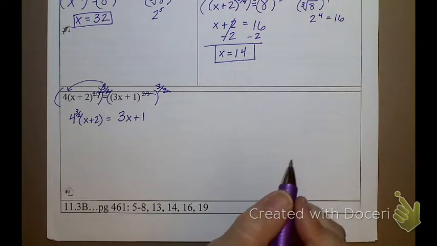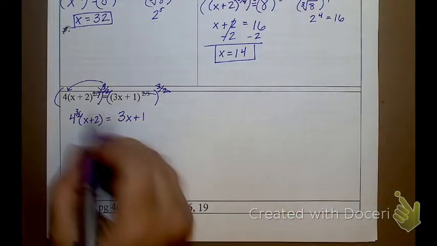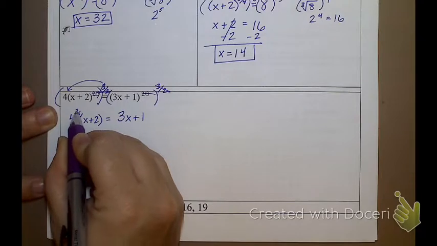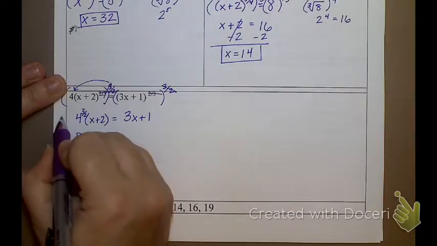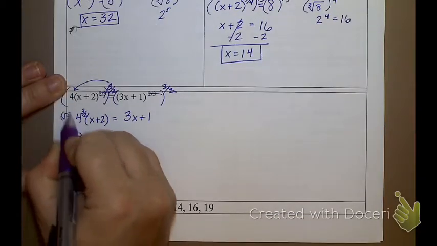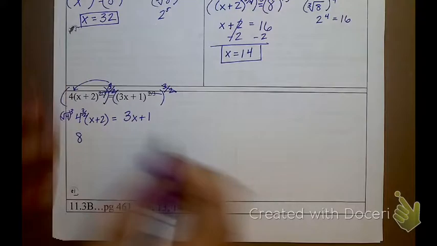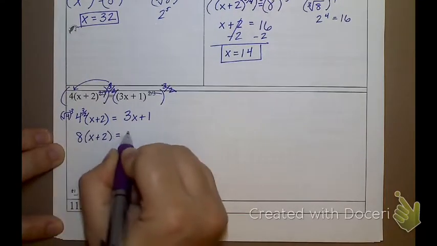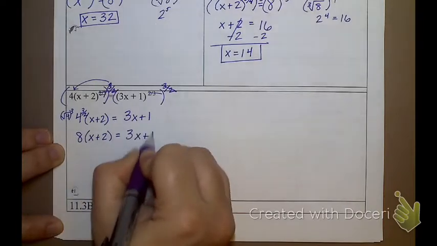Okay? What is 4 to the 3/2 power? 8. You guys are getting good at this. That's the square root of 4, which is 2, to the 3rd power, right? That's where the 8 comes from. And then x plus 2 equals 3x plus 1.